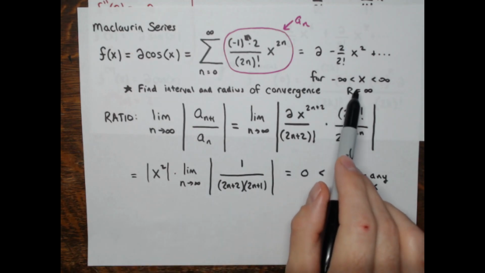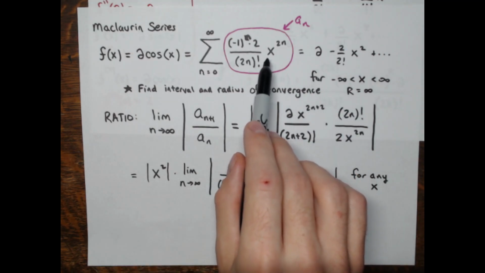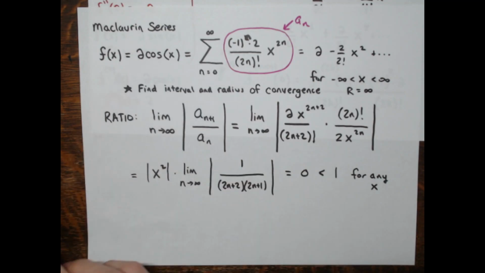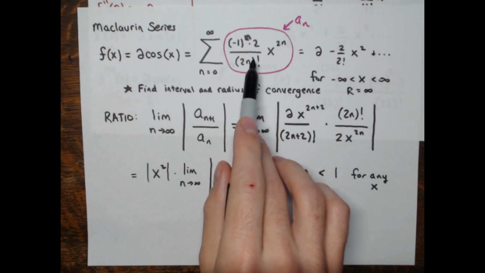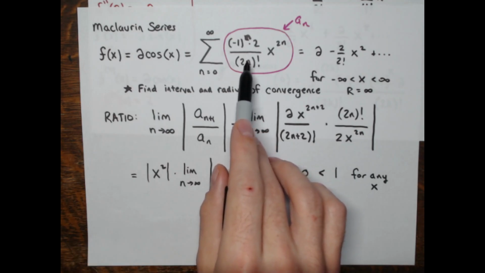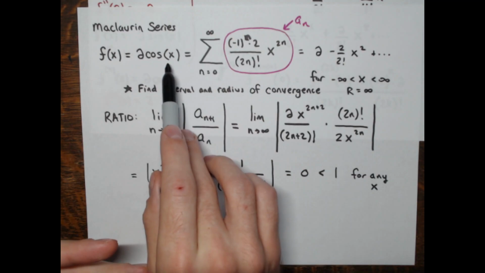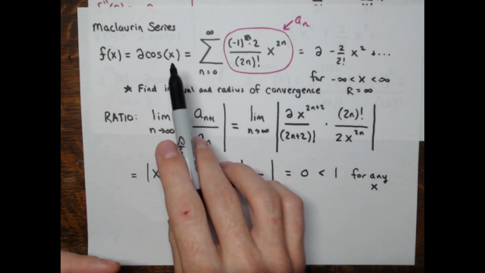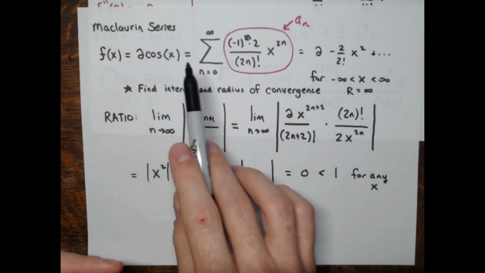Well, now that I know this series converges to this value no matter what x is, I can use parts of this series. I can use Maclaurin polynomials to approximate this for any value of x. All right, so it makes sense to plug in 0.15 here, or anything.